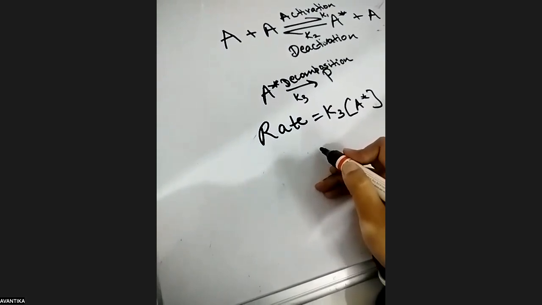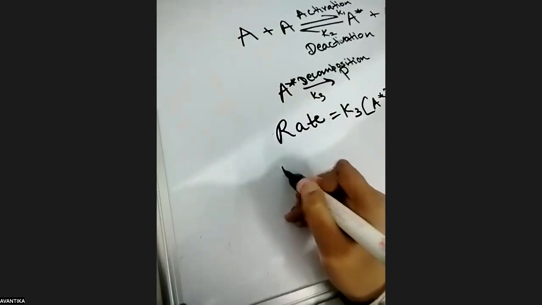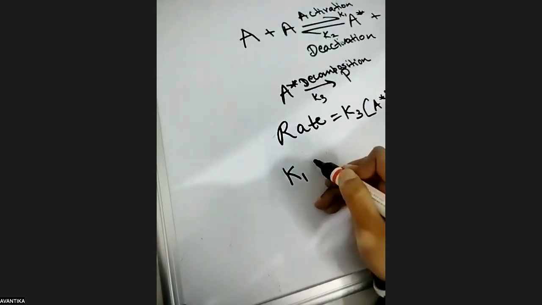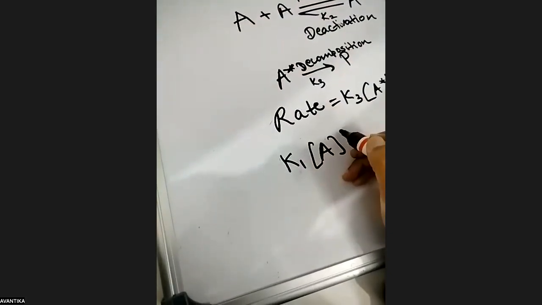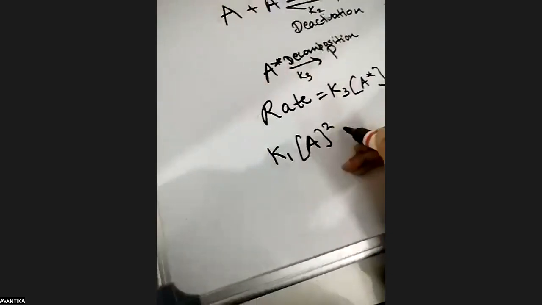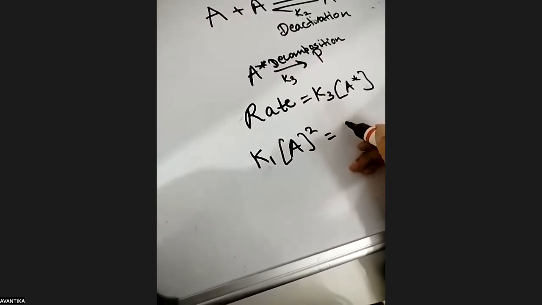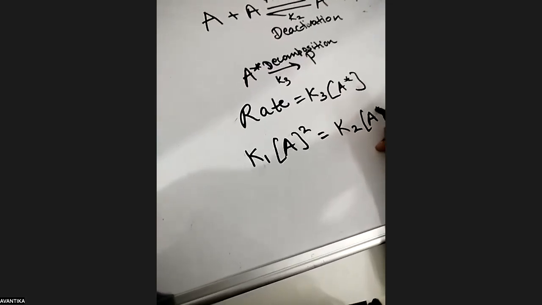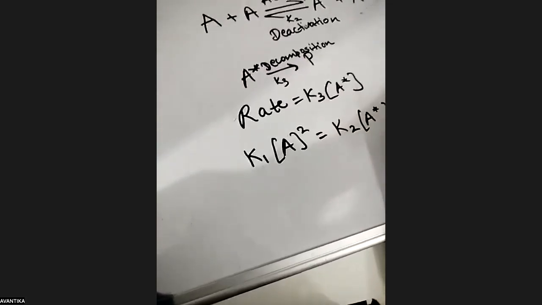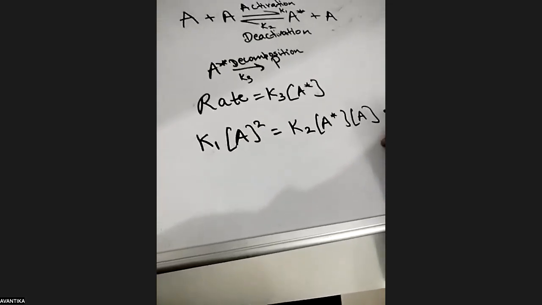So from here, K1 A squared, that is the rate of formation of A star, is equal to K2 A star A, that is the rate of deactivation of A star, plus K3 A star.